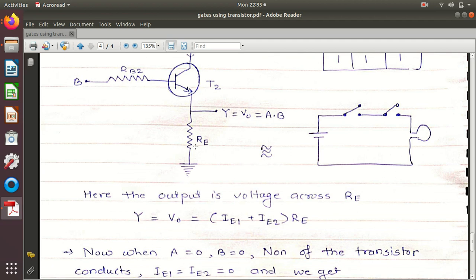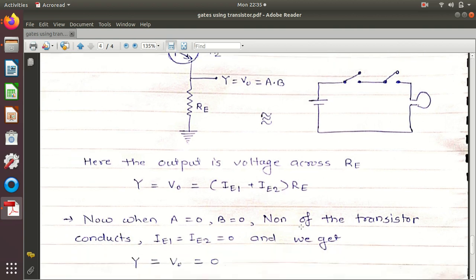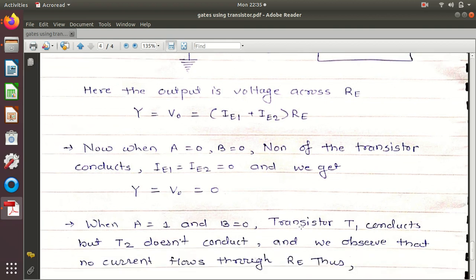Here, in this case also, the output voltage across the emitter resistance RE is equal to (IE1 plus IE2) times RE, where IE1 and IE2 represent the emitter current of the first transistor and of the second transistor.